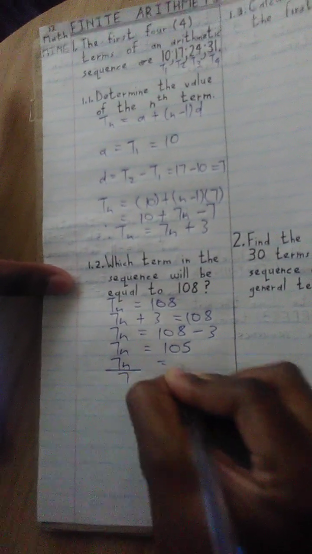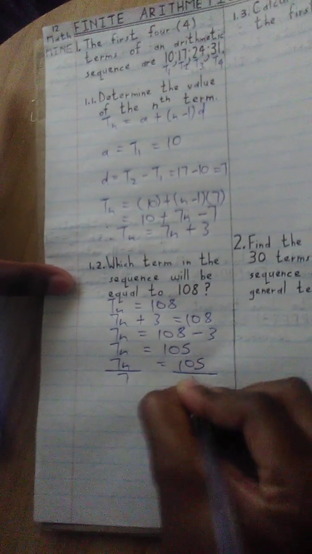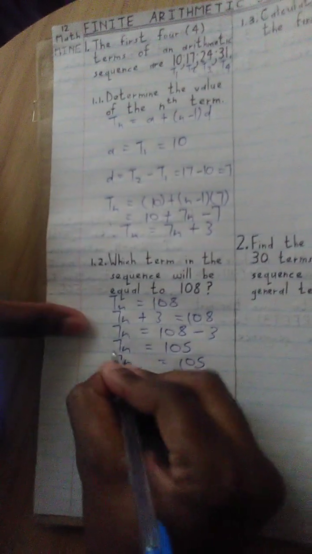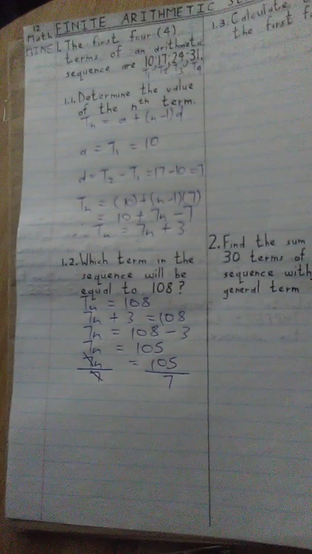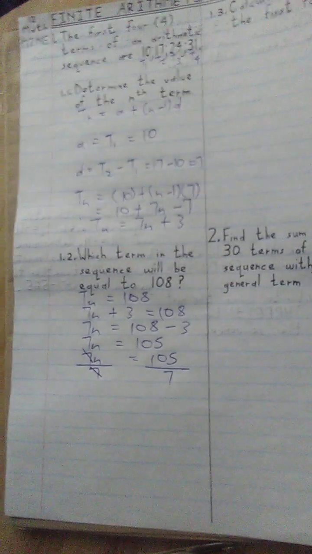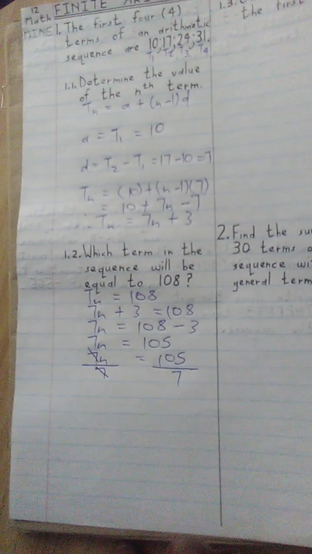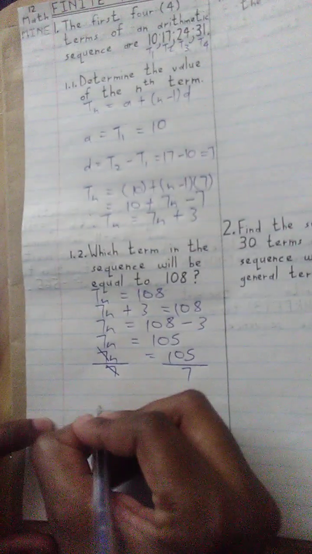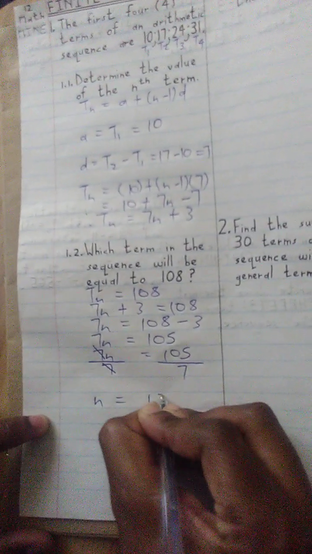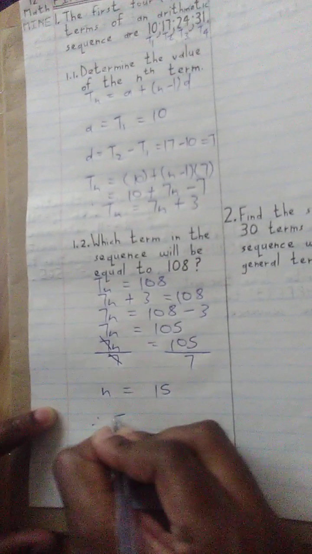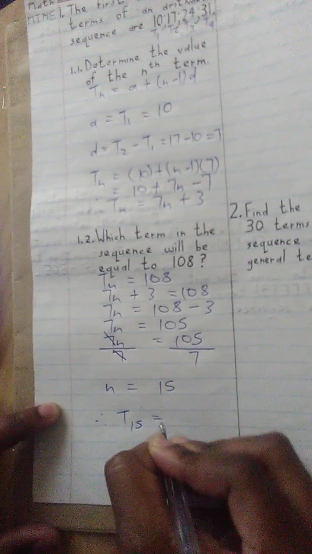Divide both sides by 7. This cancels, this cancels. So we get n is equal to 15. So T15 is equal to 108.